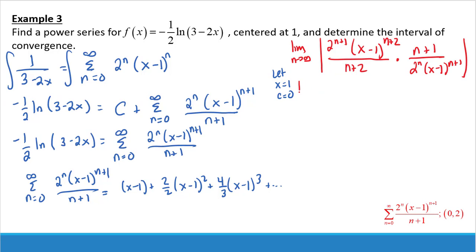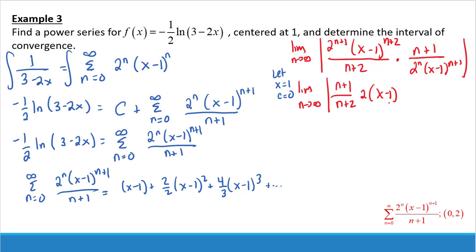Simplifying that all out, we get n plus 1 over n plus 2 times the quantity 2 times x minus 1.